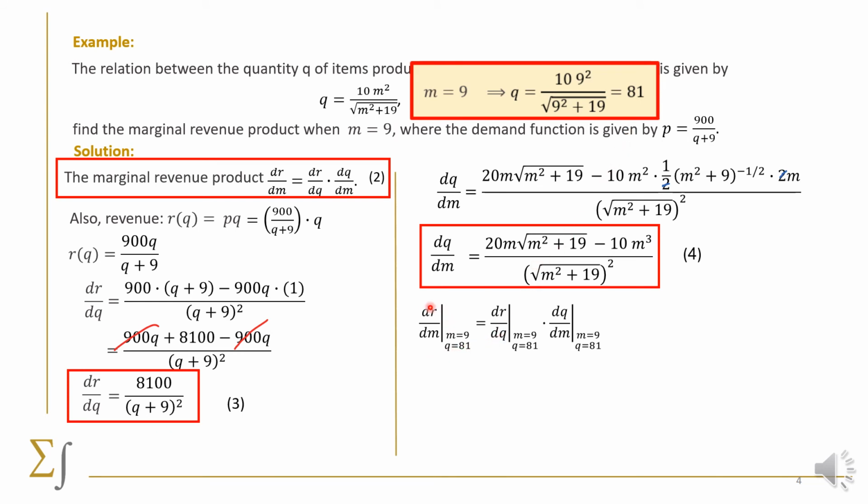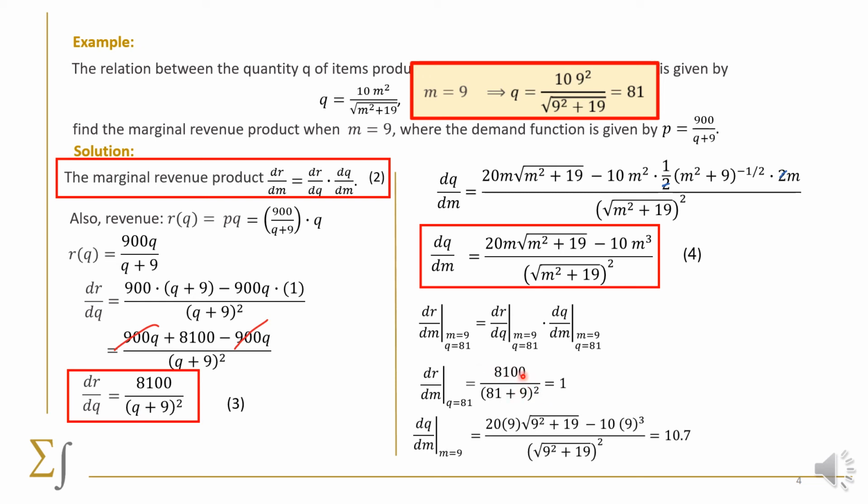So now we want to find dR by dm at m equals 9, or equivalently Q equals 81. From equation number 3, if I put 81 here, I get 81 plus 9 all squared, which is 8100. This is equal to 1. Next, I take what I found in equation 4 and I plug in m to be 9.